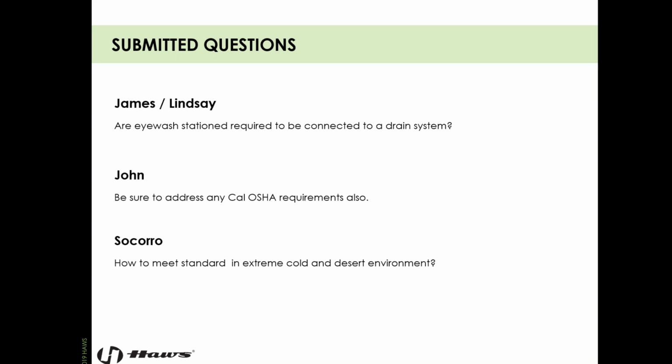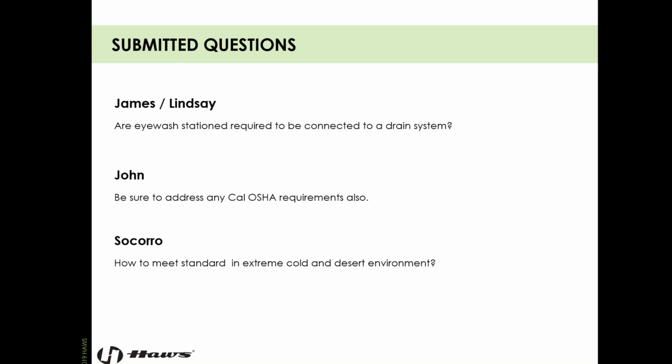They're referencing in some places an older version of the ANSI standard. There is no grandfather clause in the ANSI requirements, but Cal OSHA specifically will reference an older version of the standard. Testing is still required. Most of the requirements are still absolutely required and the same, but there are some differences. We've been urging Cal OSHA to catch up for some time now, and I'm sure they will.